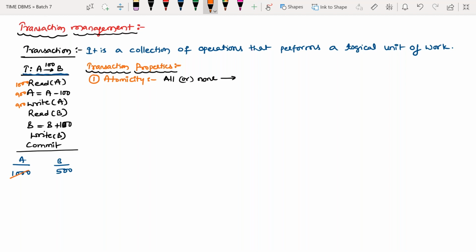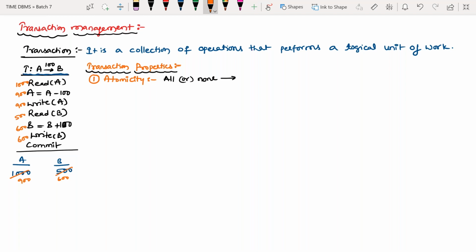Then read B, 500 plus 100, 600, write B 600. Then commit makes these two updates permanent. Now it is very clear that the amount is debited from account A, credited into account B, the transaction is a success, and the state of the system is correct.